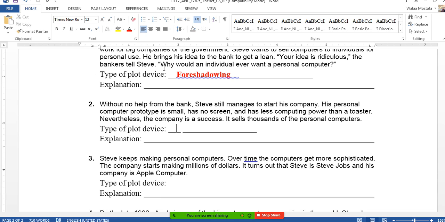The bank refused to fund him because it found it ridiculous. Why would an individual use a computer? Only people working in big companies or government need it. So I have a lot of clues that help me predict that he will do it with the loan of the bank or without, and because he is a computer nerd, he will not let his dream go. He will run after accomplishing it.